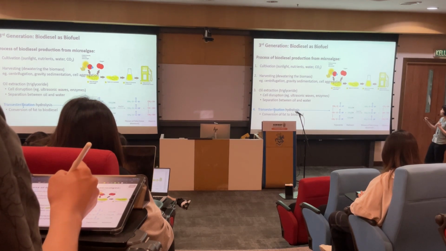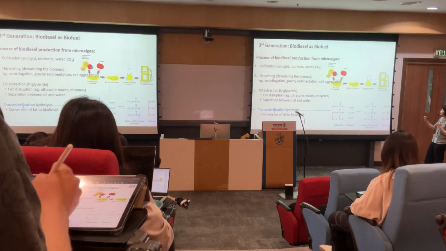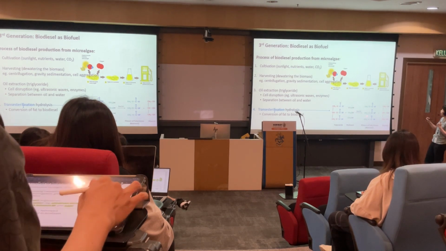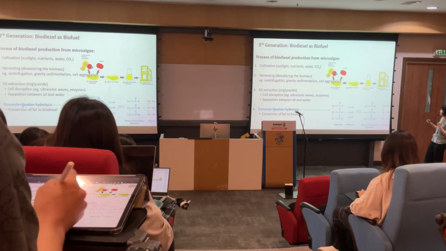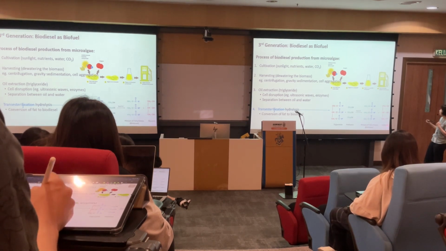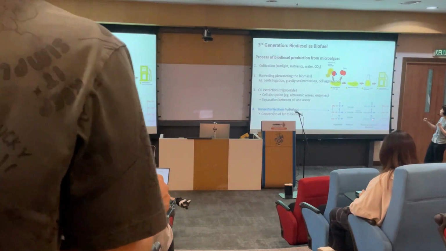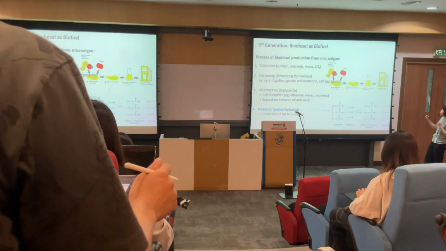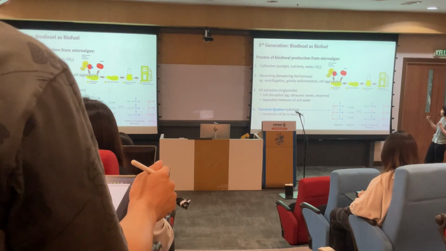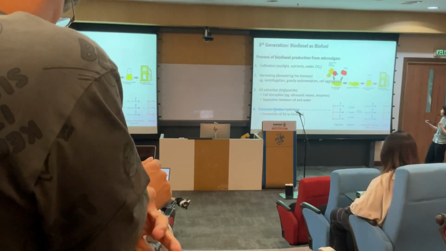And you are swapping this with that. So this will combine with here, making glycerin, or called glycerol, and then this part will be combined with the triglyceride, making 3 moles of fatty ester, and this is called biodiesel.